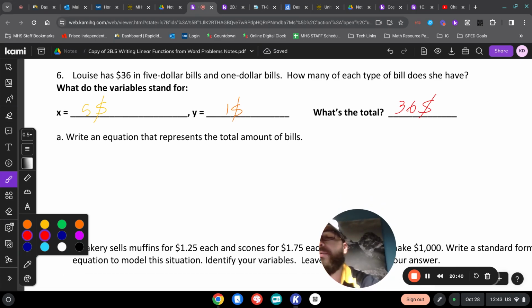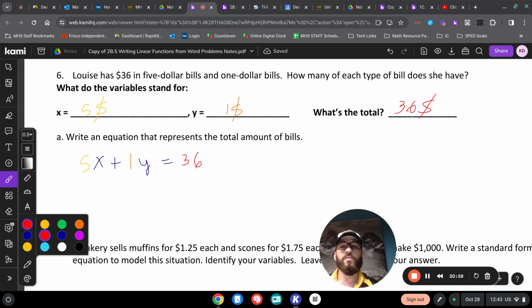Once again, we're just going to put the value of X in front of X, so 5 times X, and then the value of Y, so 1 times Y. And that's equal to our total, which is 36.